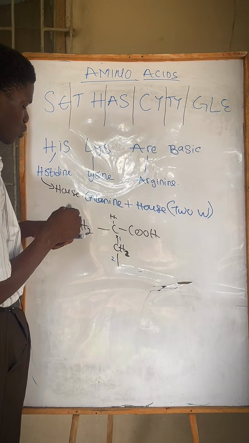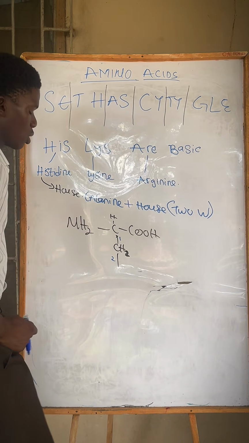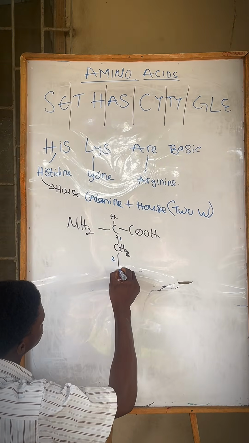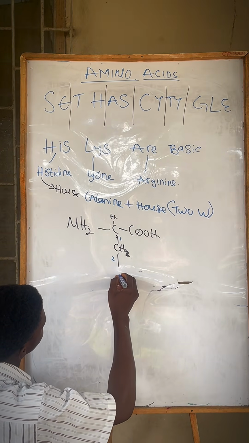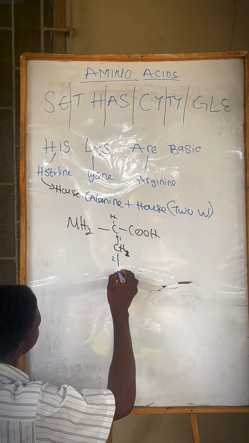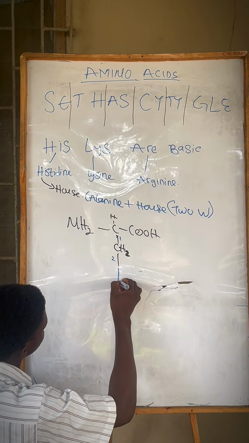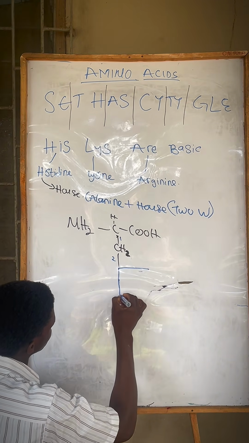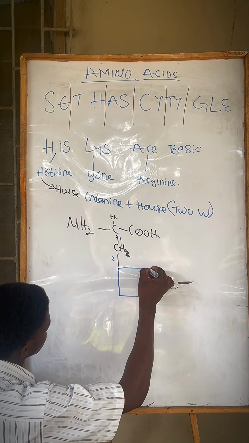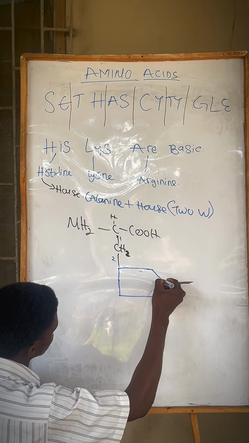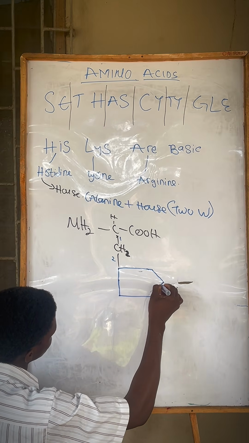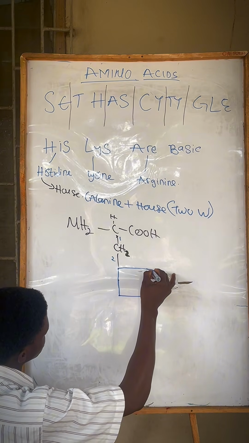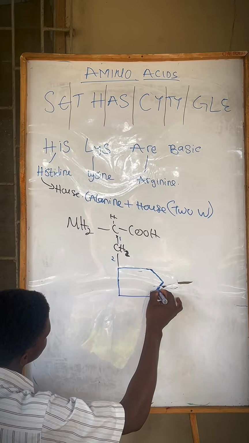So now let us draw the house. So how do we draw this house? So this is your house, okay? I hope you can see this.